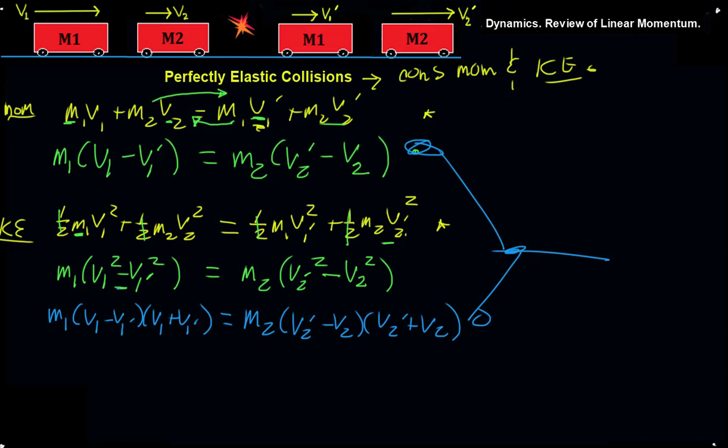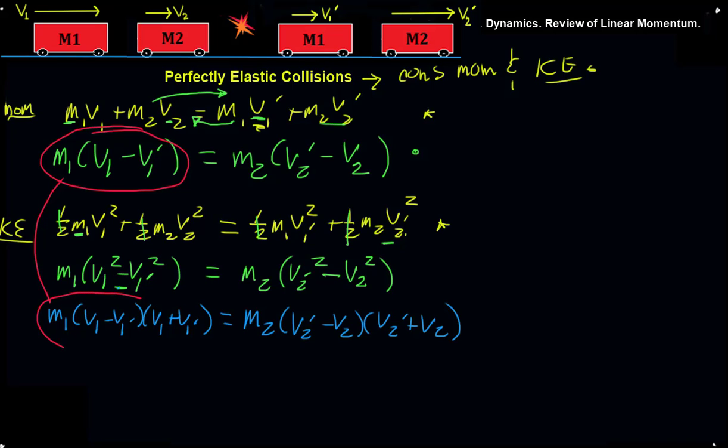But again, before we just jump in and do that, let's take a careful look at this. m1 (v1 minus v1 prime) is parked right here. And m2 (v2 prime minus v2) is right there.